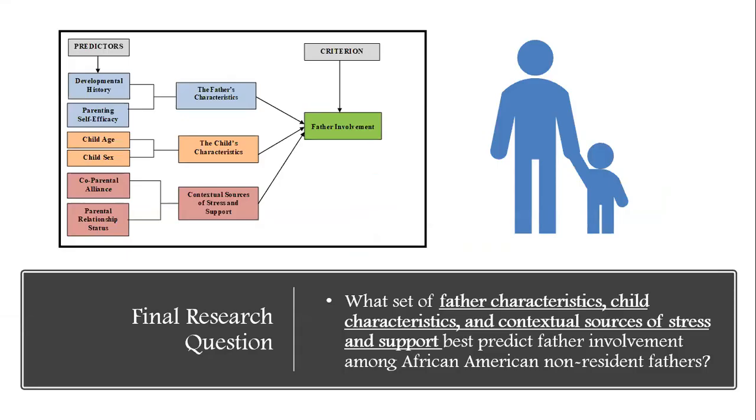And so based on the current literature, as well as the theoretical framework that I just shared, my final research question ended up being, what set of father characteristics, child characteristics, and contextual sources of stress and support best predict father involvement among non-resident African-American fathers? So as you can see, the literature as well as the theoretical model that I selected had a large influence on the final research question that I ended up posing in my work.